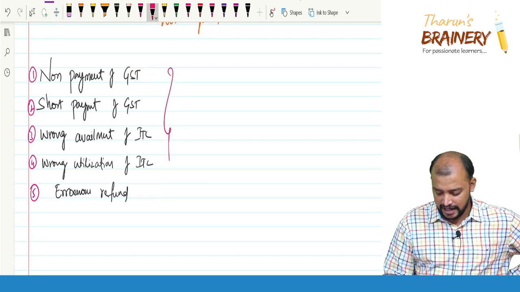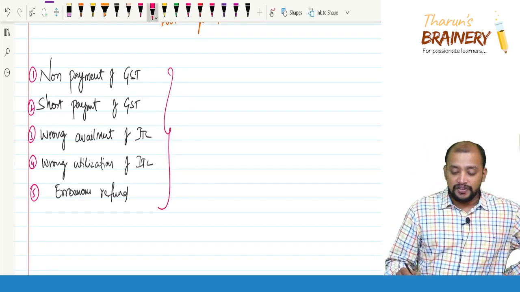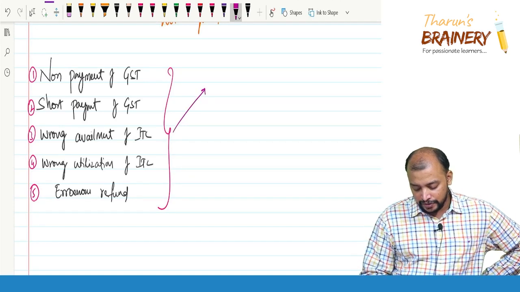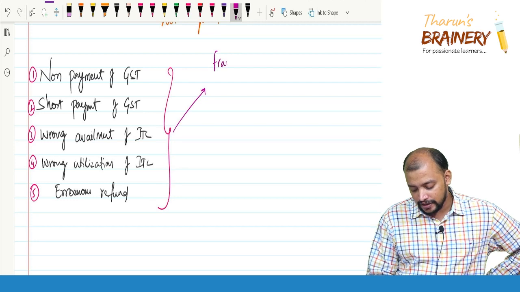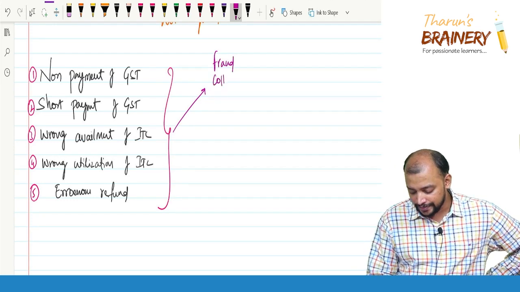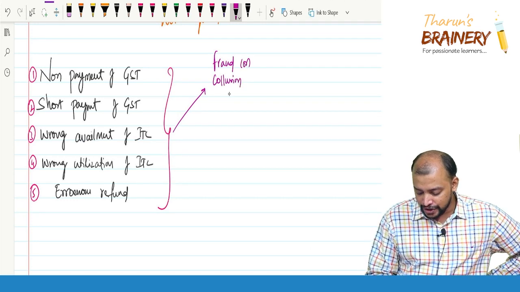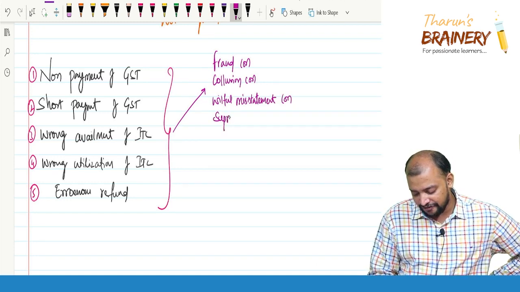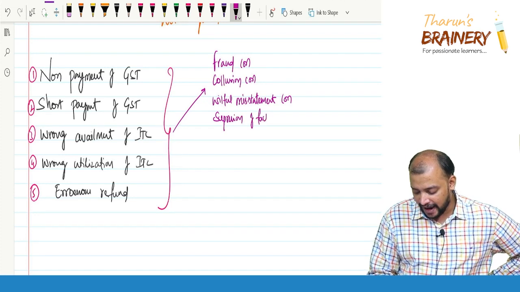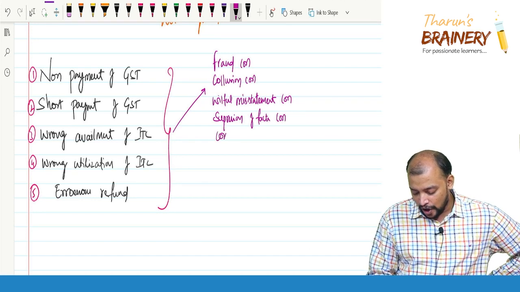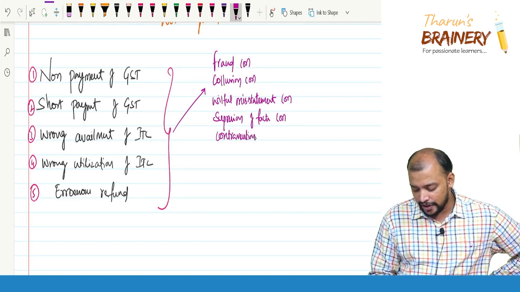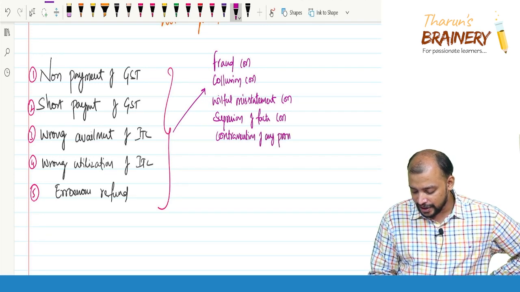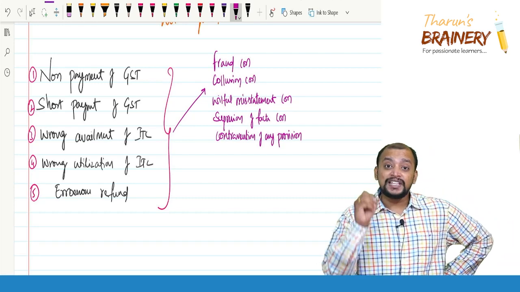Now these 5 cases are there. If it is on account of fraud, collusion, or willful misstatement, or suppression of facts, or contravention of any provision, with an intent to evade.